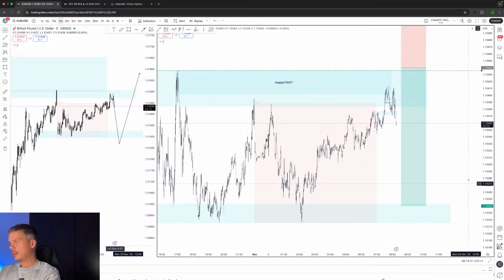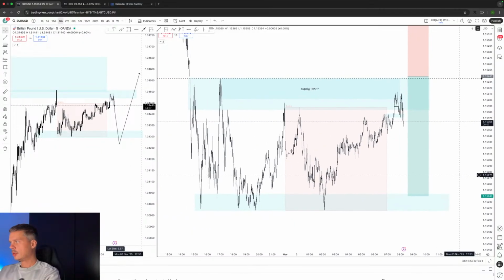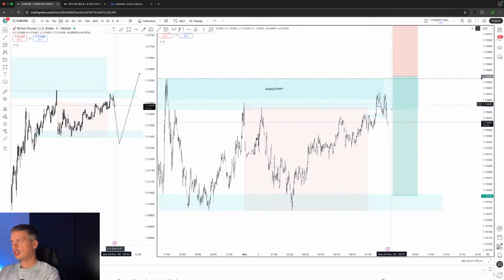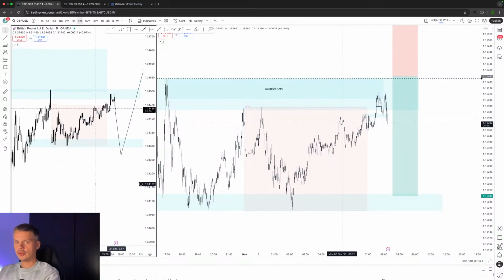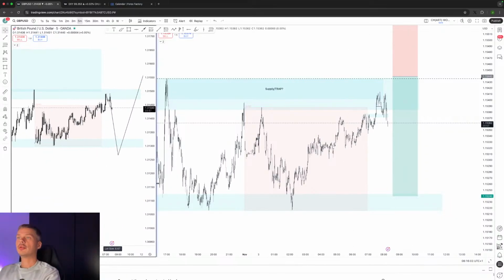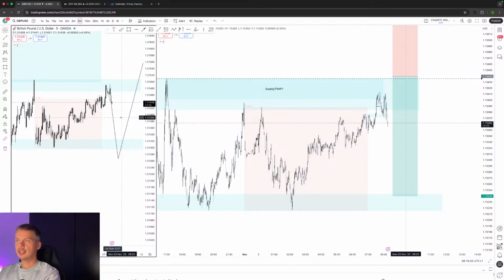We just have to be patient. Anything can happen from here still onwards. I mean, we can still push up, we can come down. We have to be flexible to what we're seeing and how we're responding and reacting to that.